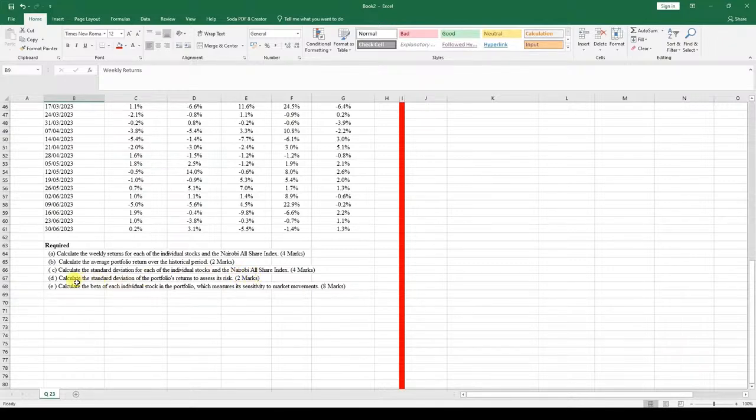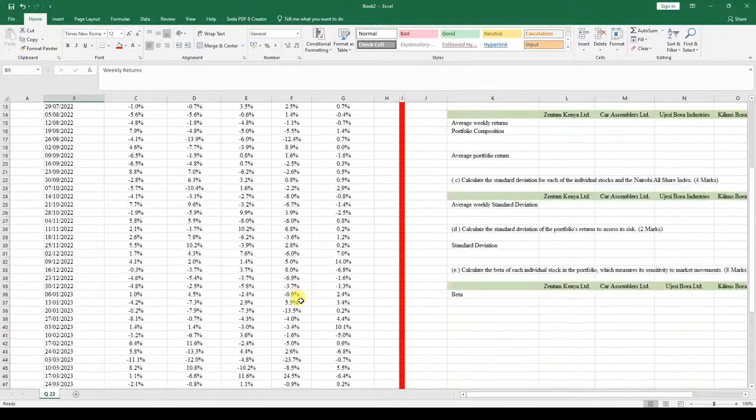Then you're told to calculate the standard deviation for the portfolio returns to assess its risk, and to calculate the beta of each individual stock of the portfolio, which measures its sensitivity to market movements. This is a 20 marks question.